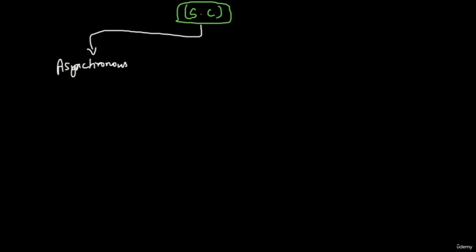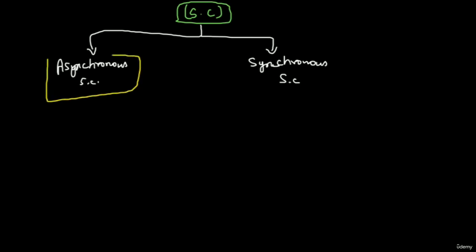And the second part that we're going to have here is synchronous. Well, you can write the sequential circuit for both of them. Whichever way you like to pronounce it, asynchronous or synchronous, doesn't matter. Let's see what it actually means.